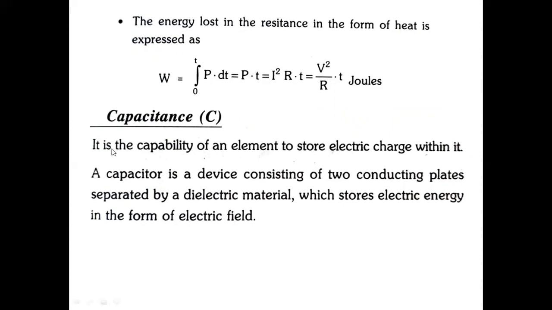Capacitance. Next element is capacitor. Capacitance is the property of the capacitor. Capacitor is an element consisting of two conducting plates separated by a dielectric material which stores electrical energy in the form of electric field.